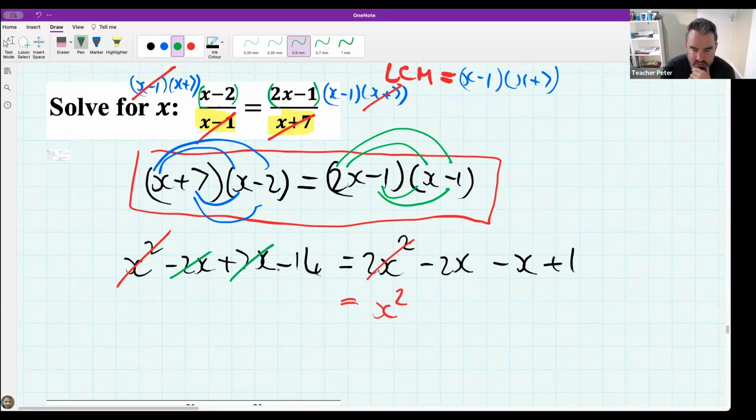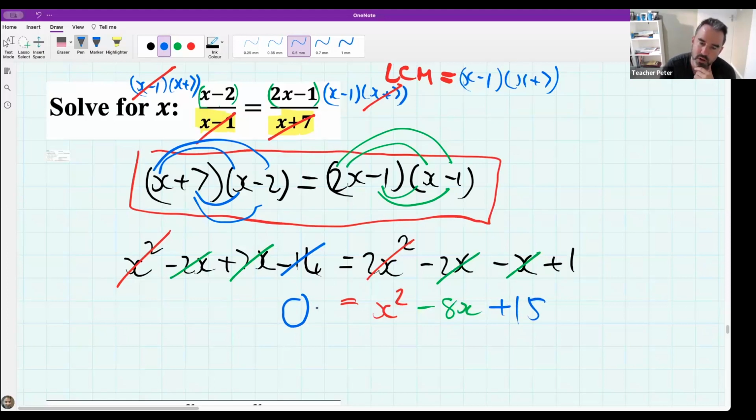So that's 5x. And then it comes across, it becomes minus 5x. So that's minus 8x. I am skipping some steps here, so be aware that you might have to do more steps. Minus 14. So that's 0, and that's 15.